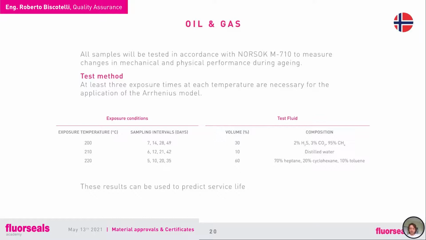So if I test my material at a high temperature but for a short time, I can use this data to predict how my material will behave at a lower temperature for a much longer time. So I can use the data that I gather doing testing at multiple temperatures to foresee how my material will behave in 5, 10, 15, 20 years.